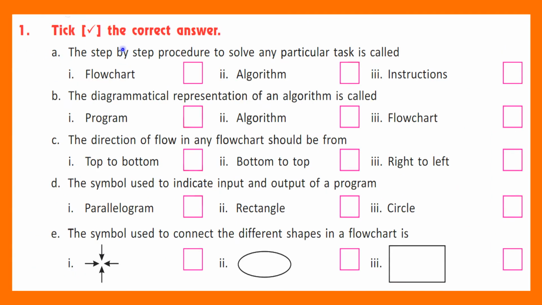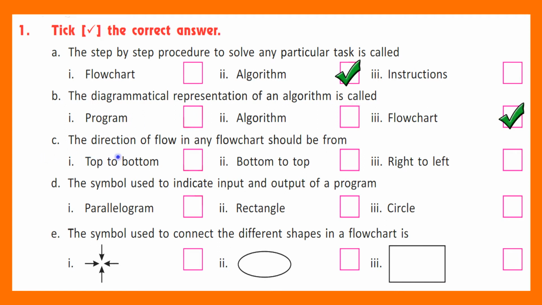Exercise 1. Take the correct answer. A. The step-by-step procedure to solve any particular task is called algorithm. B. The diagrammatical representation of an algorithm is called flowchart.